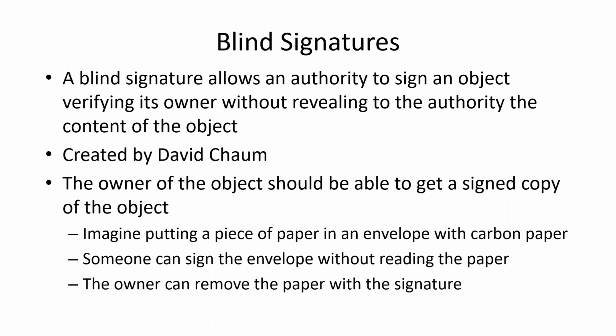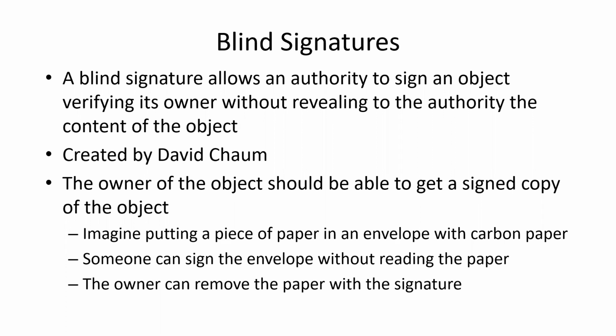Okay. Blind signatures are a way to sign something. We talked about digital signatures as being able to sign something to prove that it belongs to you. I can send a message to you, digitally sign it, and then you can be assured that it came from me, because we hash the message and then digitally sign that, or encrypt it with my private key, and then you can decrypt it with the public key.